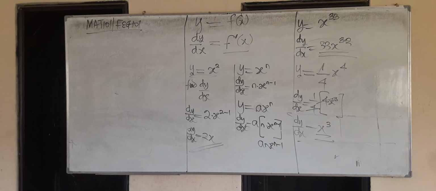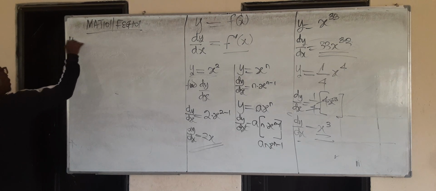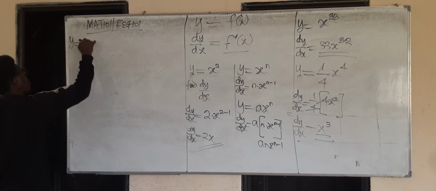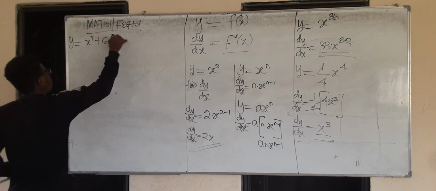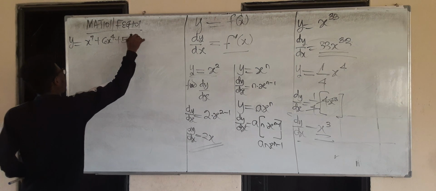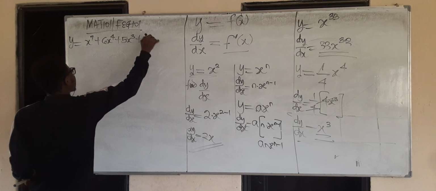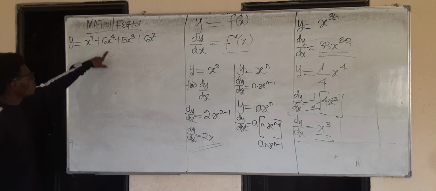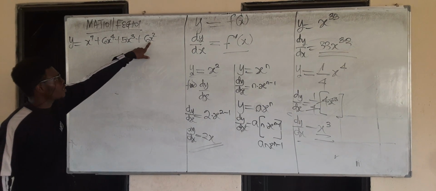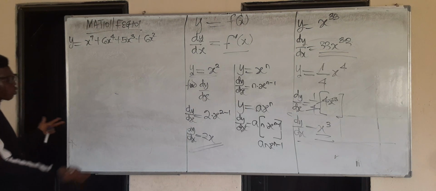So if you have y equal to x raised to power 7 plus 6x raised to power 4 plus 5x raised to power 3 plus 6x squared, and you are told to find dy/dx, what do you do? This is a term by term differentiation, and in differentiating, you differentiate one after the other. Just differentiate this one, keep it one side. Differentiate this one, keep it one side, differentiate, and keep it one side. At the end of the day, you collect everything.